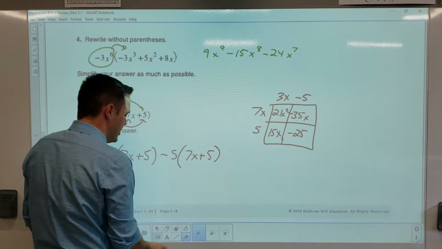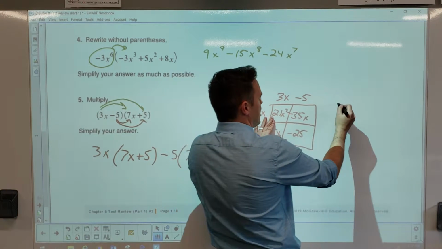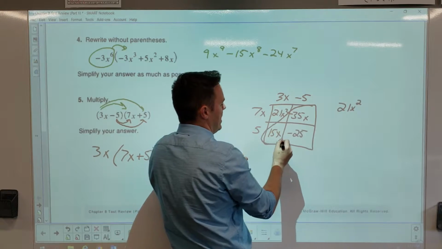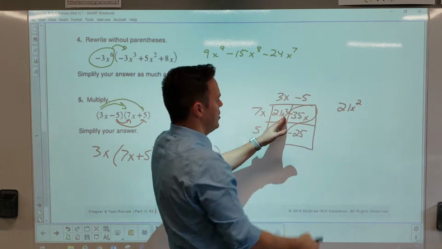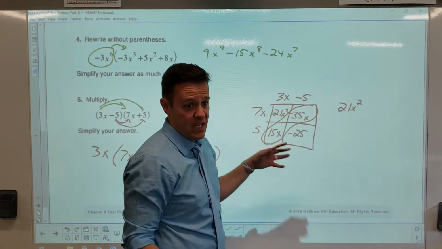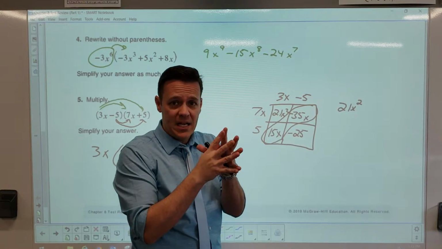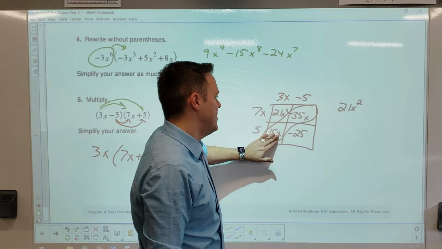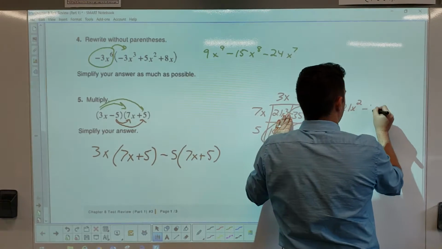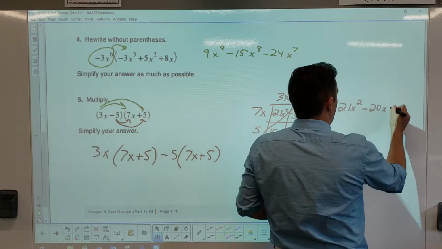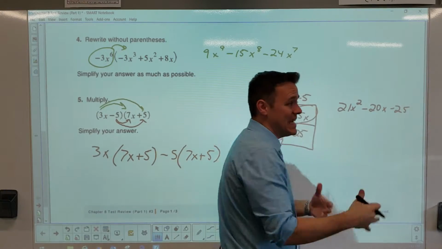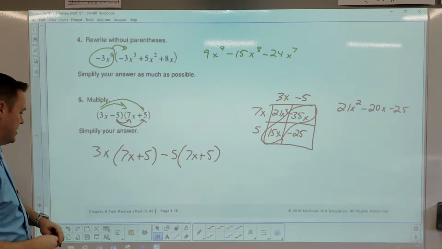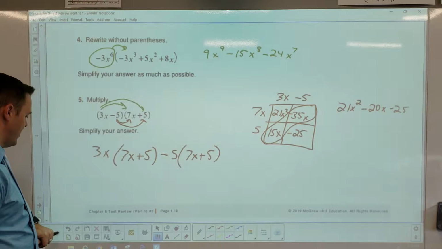Okay, so then your key point on the last one here. Put it together. So it's 21x squared, right? And these combine. So it's -35 and +15. You're adding them or combining them together. So if I owed somebody 35 bucks, I gave them 15. Now I owe them $20. Okay? I find sometimes that money, you guys understand that concept of money, so you should understand this. You leave it at that, and that's your final term.